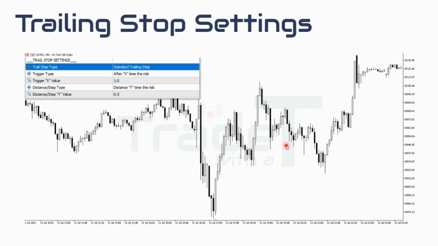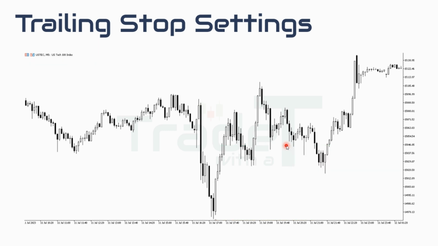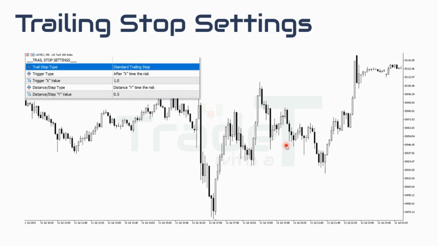As for the configuration, we need to configure a trigger type. We can configure the trigger type in risk to reward, same as break-even or take profit, or simply a distance in pips. Once we configure the trigger, we configure the distance that we need to keep the stop loss from the bid price or the ask price, so from the market price.